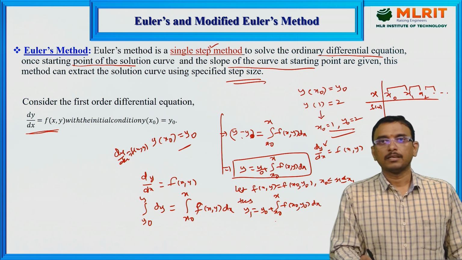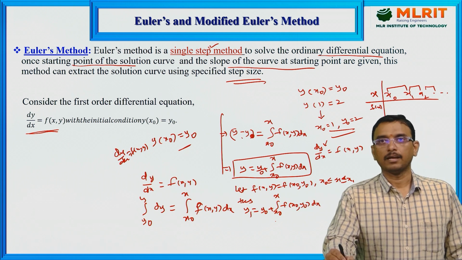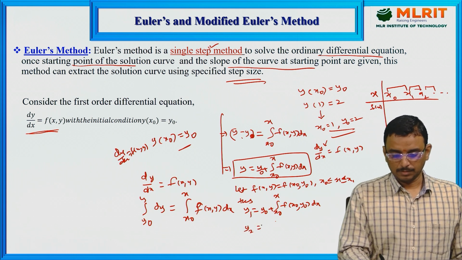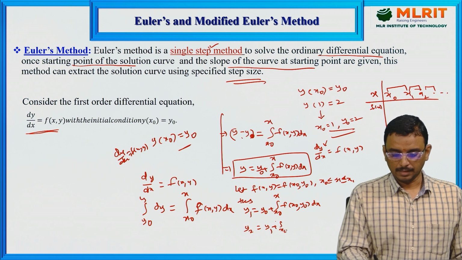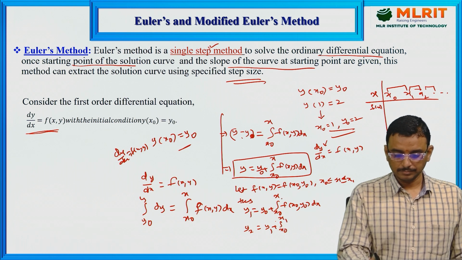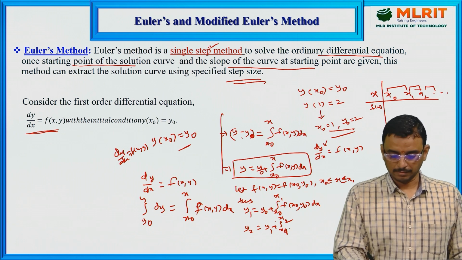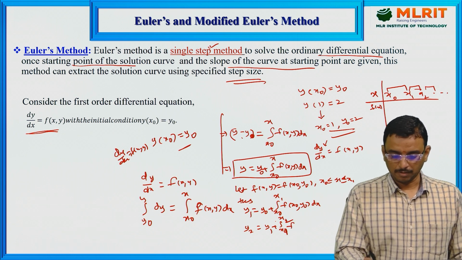Similarly, if we take the next interval x1 to x2, we can write y2 is equal to y1 plus the integral from x1 to x2 of f of x1 comma y1 into dx.